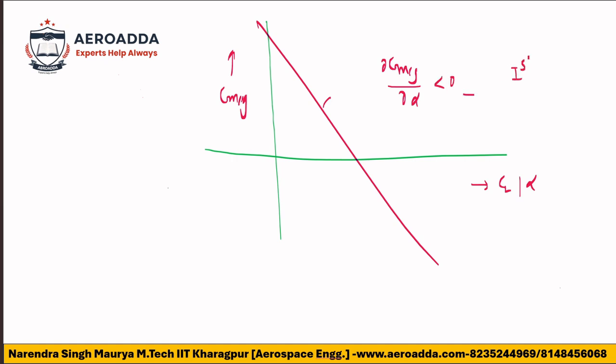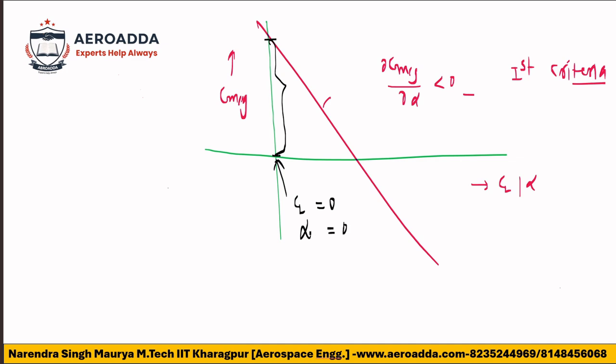This is the first criteria for stability. And the second criteria I also gave you: check what the value is here, when CL is equal to 0, or alpha is equal to 0, correct.